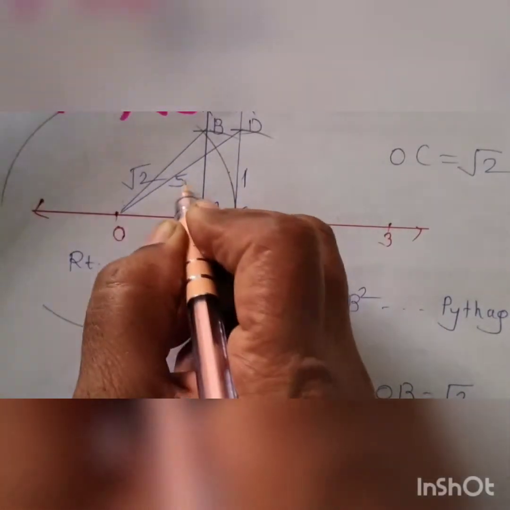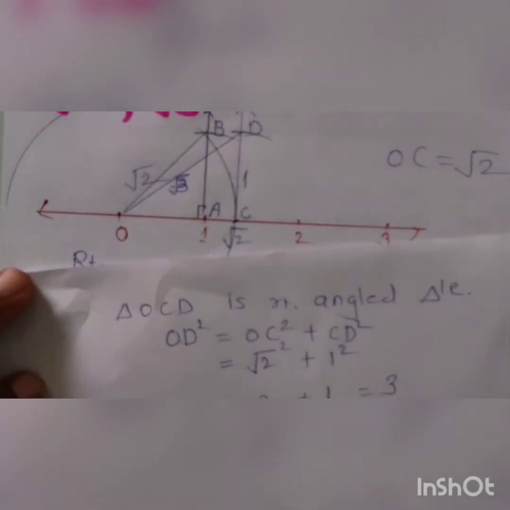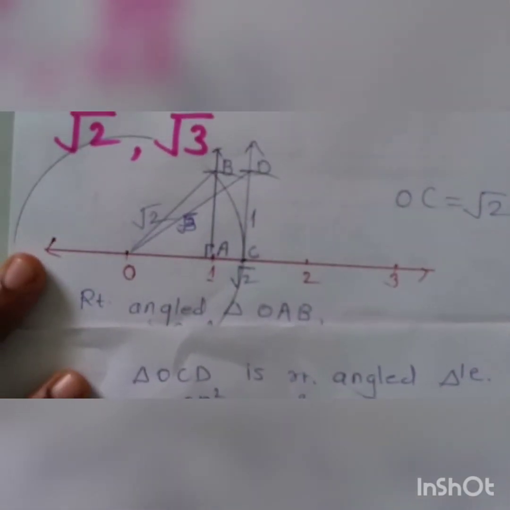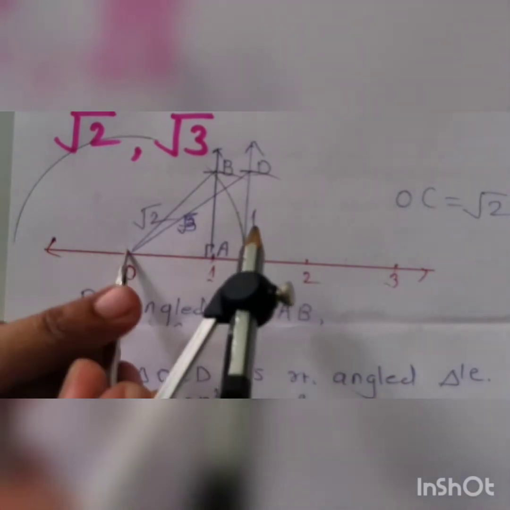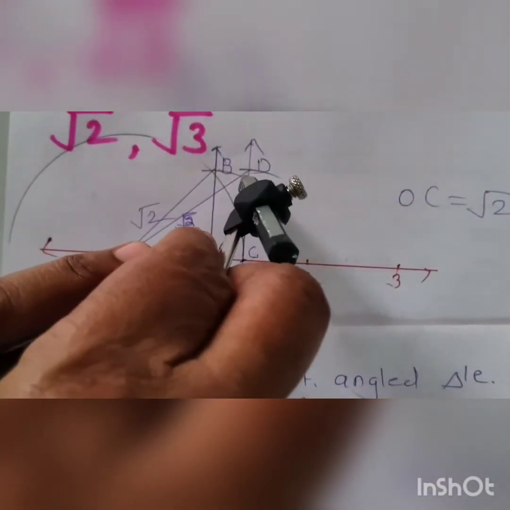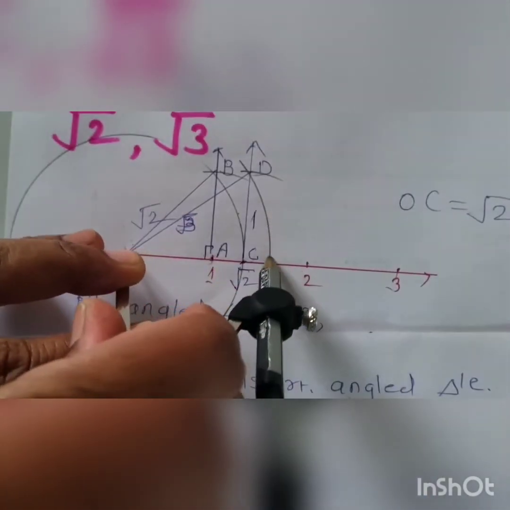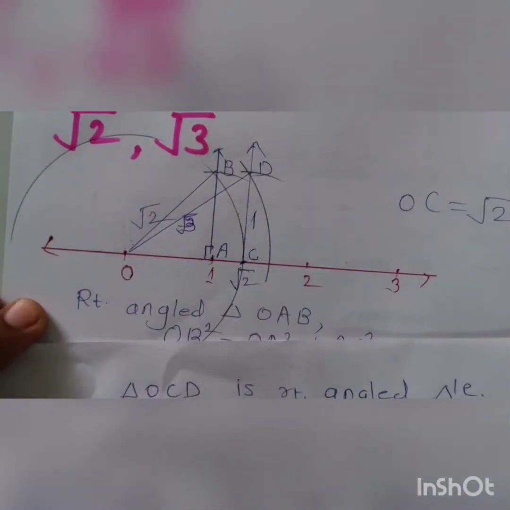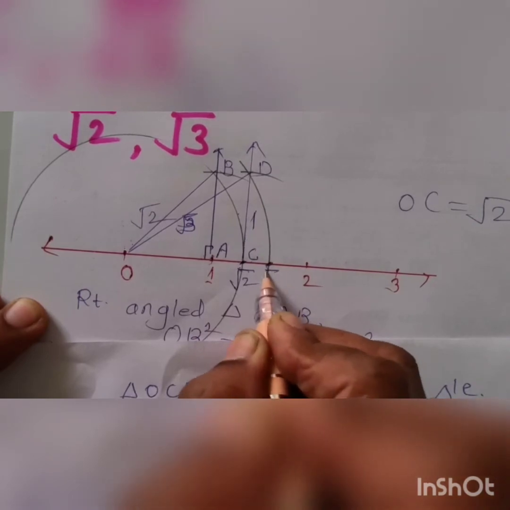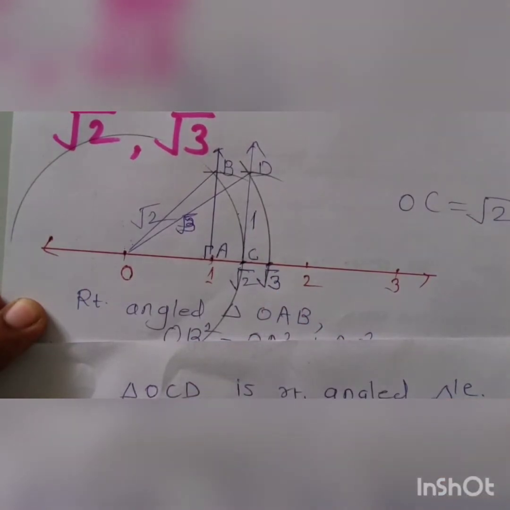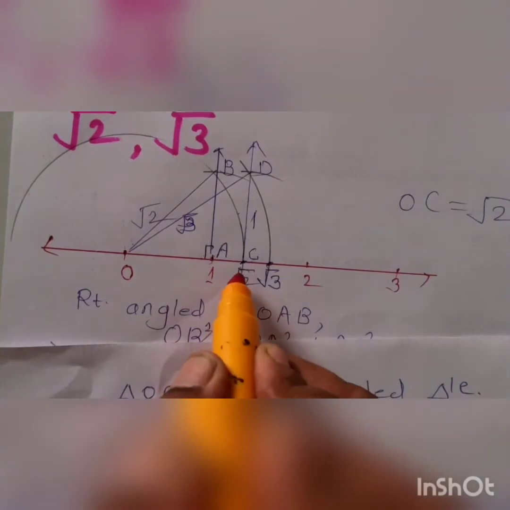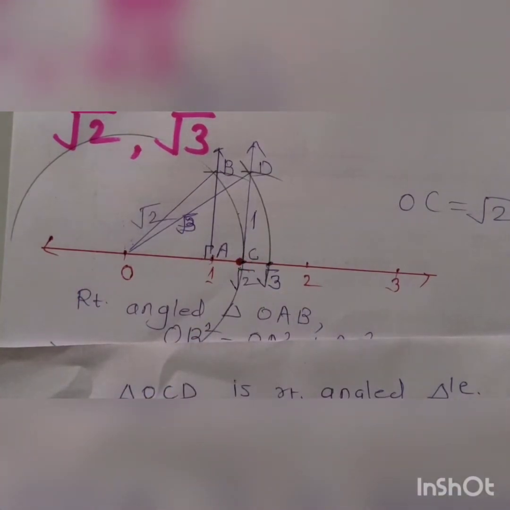And also we are showing that root 3 on the number line like this way. See the figure carefully. Taking O as center, OD as distance in compass, make an arc. When that arc intersects the number line here, that point is root 3. Means this point is root 2 and this point is root 3 here.